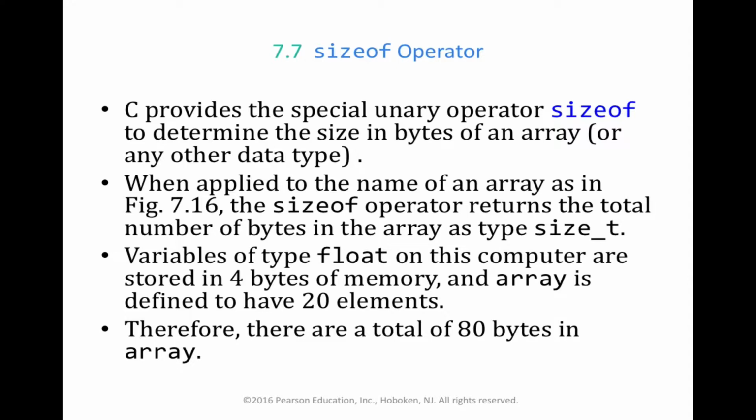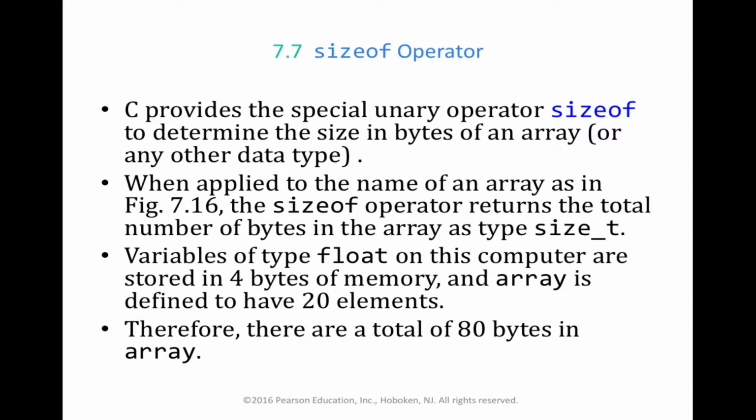The variable type of float on the computer that this program was run on uses 4 bytes of memory, and the array is defined to have 20 elements. Therefore, the array takes up a total of 80 bytes.